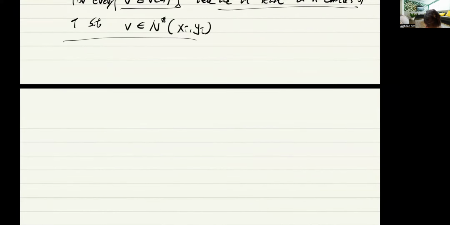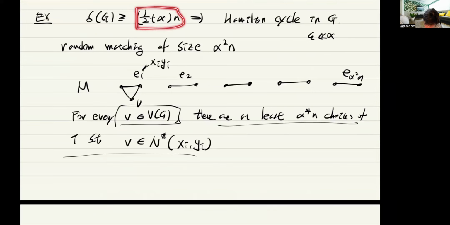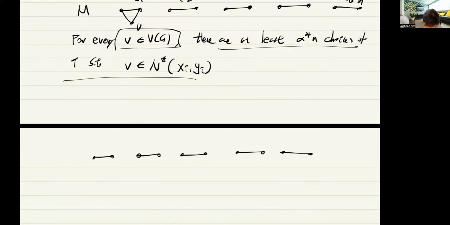Okay, then what happens is that you have this matching and you extend it into a path. These two vertices have minimum degree, so they have at least alpha n common neighbors. You find a common neighbor, and again a common neighbor, and so on.